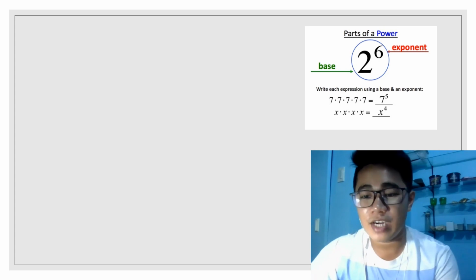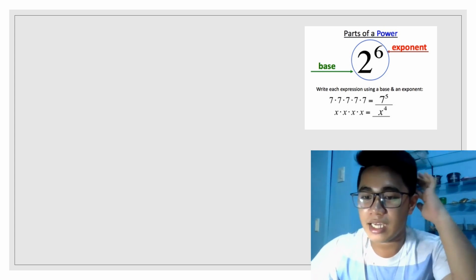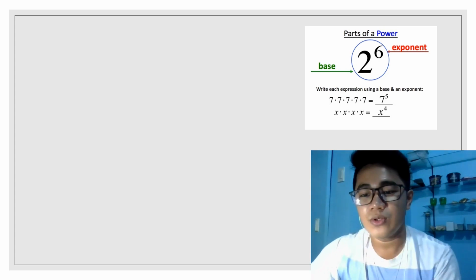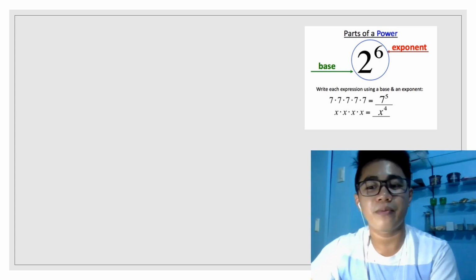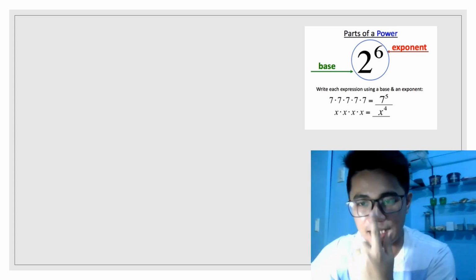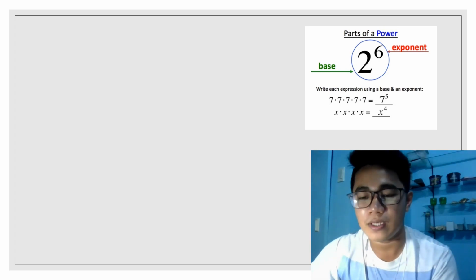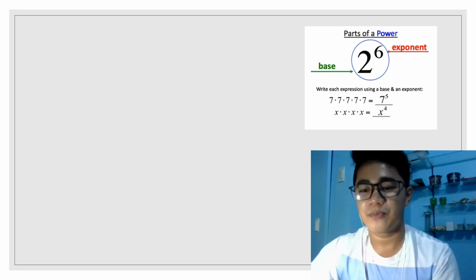So, ano po yung function ng dalawa, yung base at saka yung 6? Actually, may malaking function po dito is yung 6. Kasi po, yun yung nag-i-indicate kung ilang beses nating uulitin yung base natin. So, pag sinabi po natin yung exponent natin is 6, ibig sabihin lang po noon is uulitin natin ng 6 na beses yung base natin.